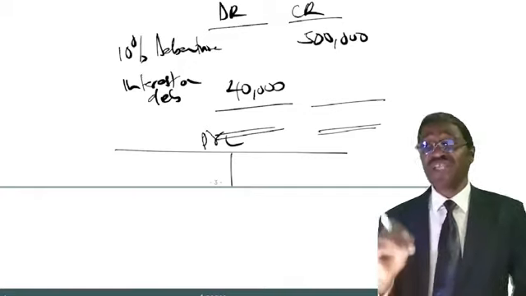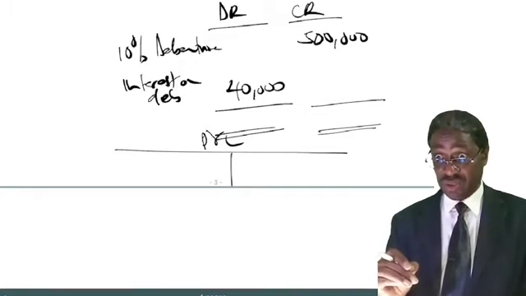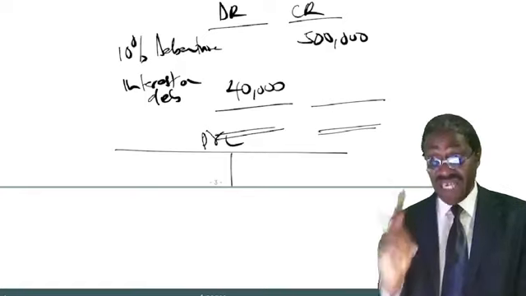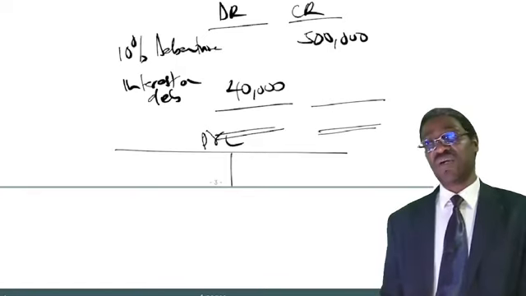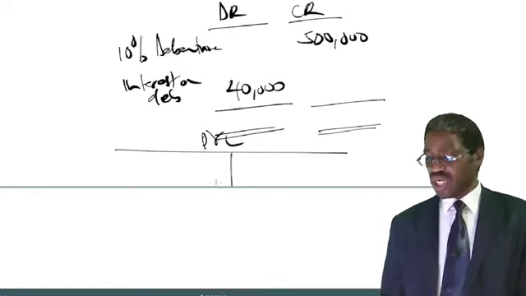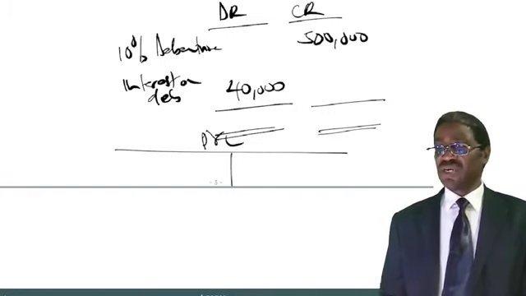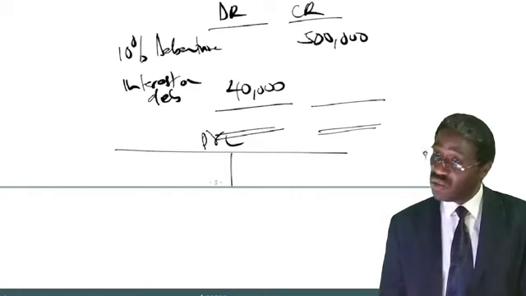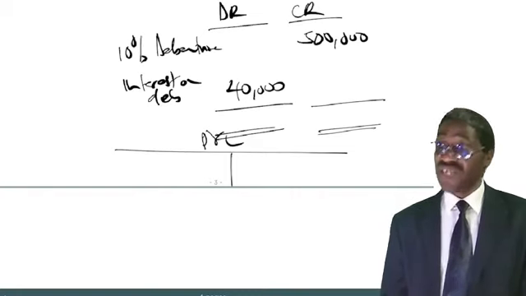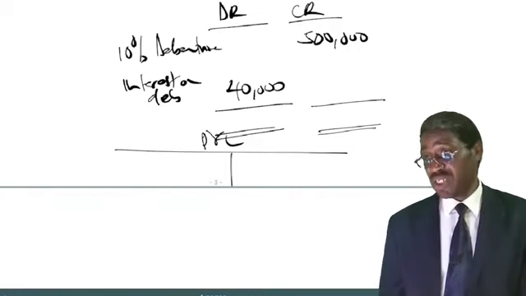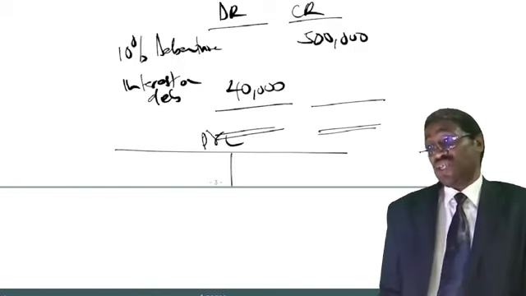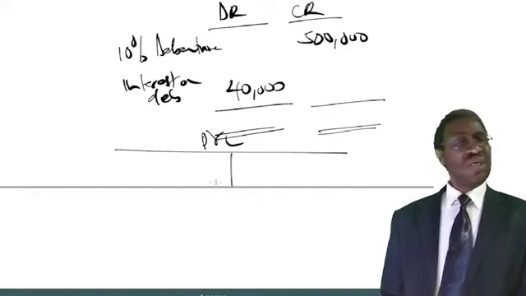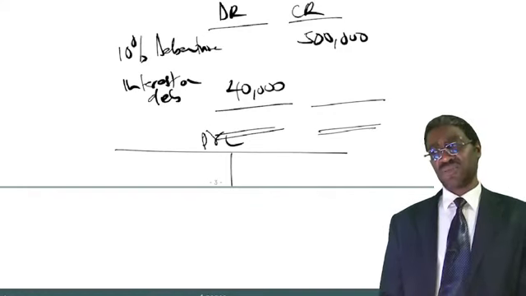I want somebody to chat and tell me. This is not something new. It is something you must have done in financial accounting, because in any question of published accounts, there will always be debentures.